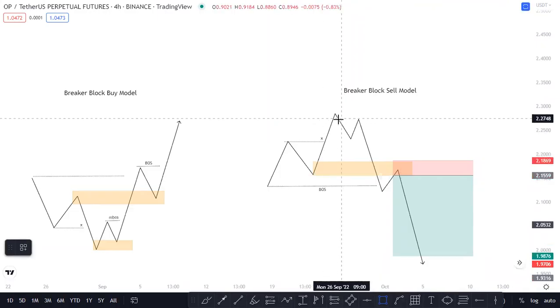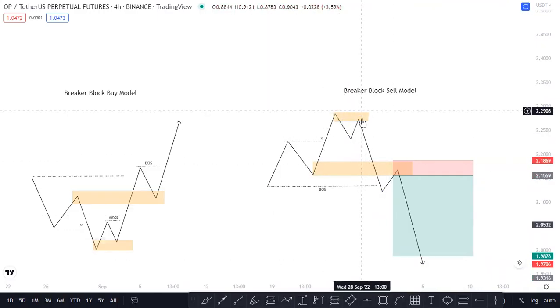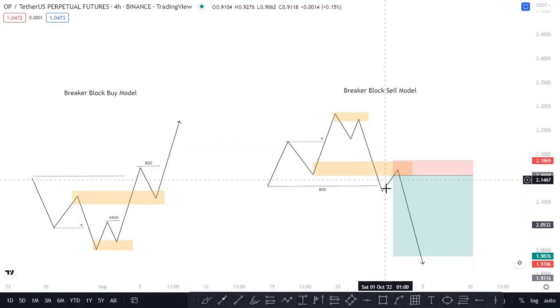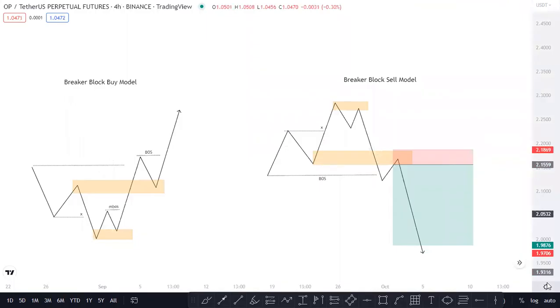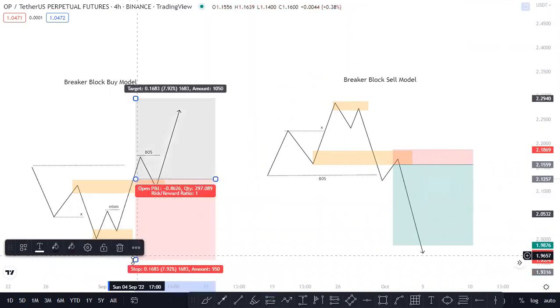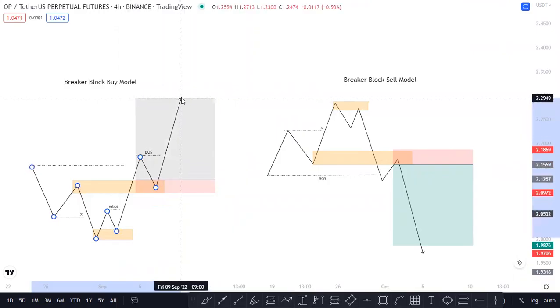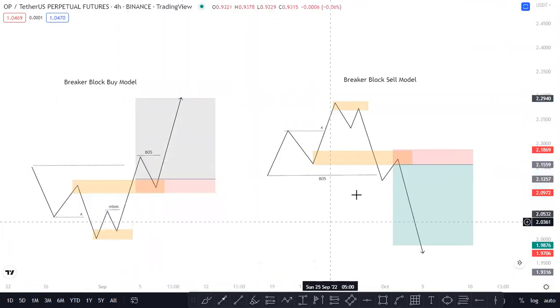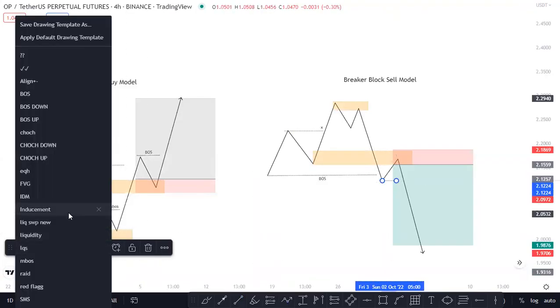While here, there will be an active supply zone at this point, and you have price coming back to mitigate this supply zone before dropping to the downside, right? So these two things are the same, right? Let me put the buy here. So this is it for the buy, and you have your BOS at this point, right? As we are selling, price will be breaking structures.